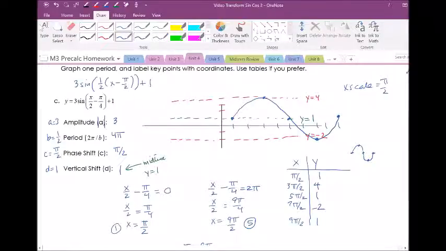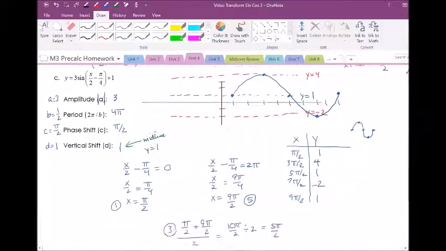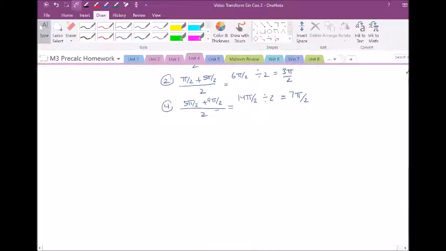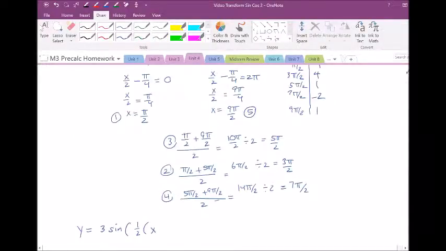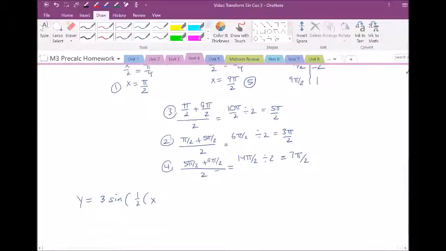So if you prefer to use the table method instead, let's rewrite my equation. That was x minus pi over 2.